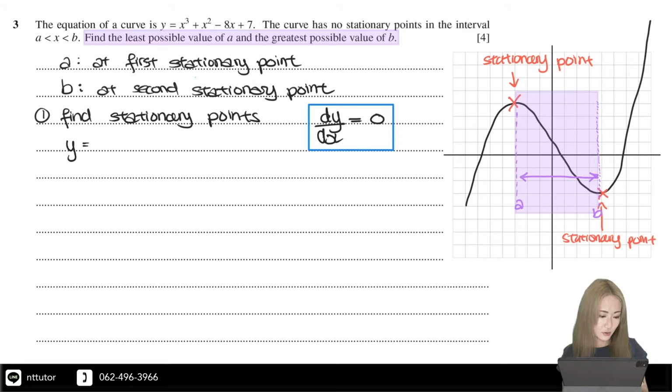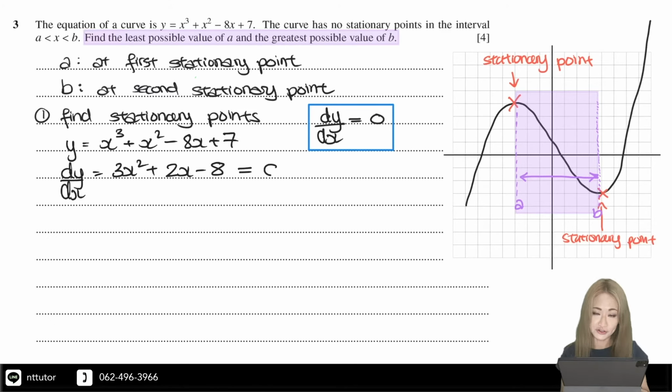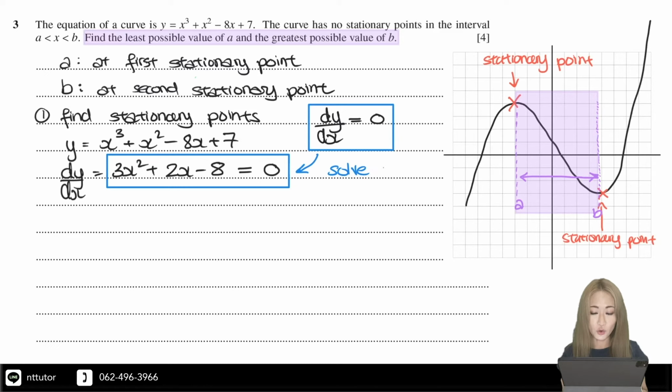If y is equal to x cubed plus x squared minus 8x plus 7, dy over dx is equal to, so drop the power and minus 1 to the power to each term. We get 3x squared plus 2x minus 8. And that expression equals 0 for the stationary point. So we could solve 3x squared plus 2x minus 8 equals 0 to get the x-coordinates of the stationary point.